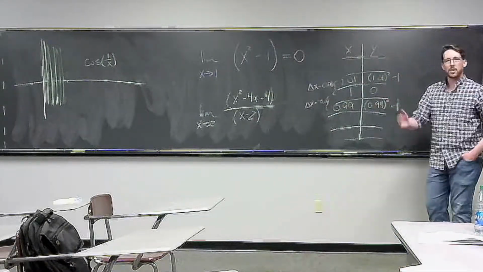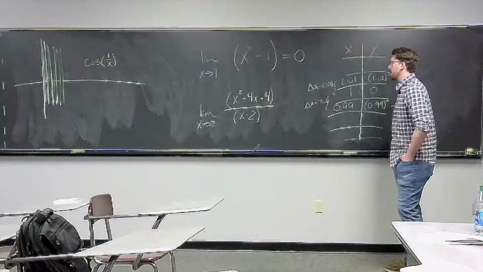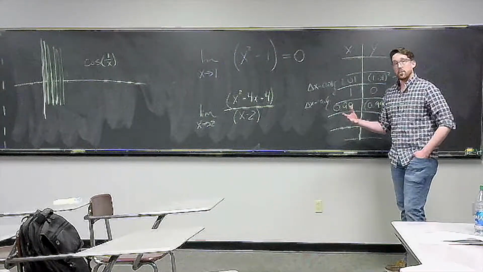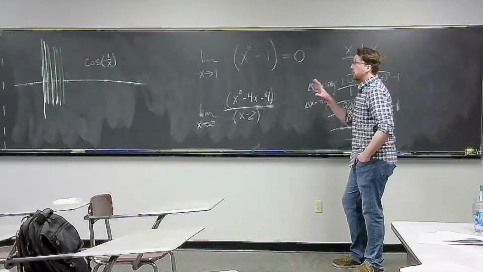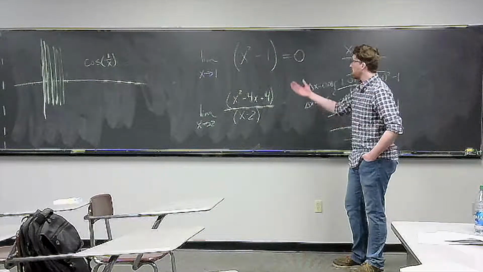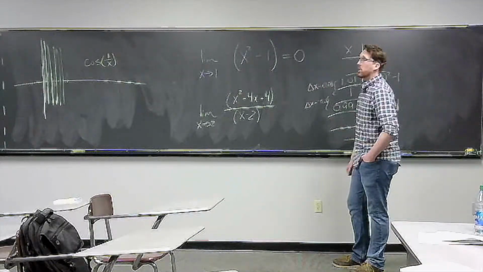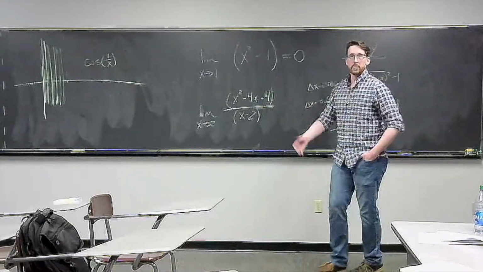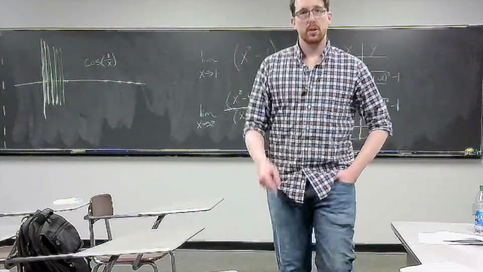And like I said, that's what this next video is going to be about. How to handle those cases. How to actually solve in a reasonable way the question of what is the limit as x approaches a of some function f of x. Stick around, there's more.